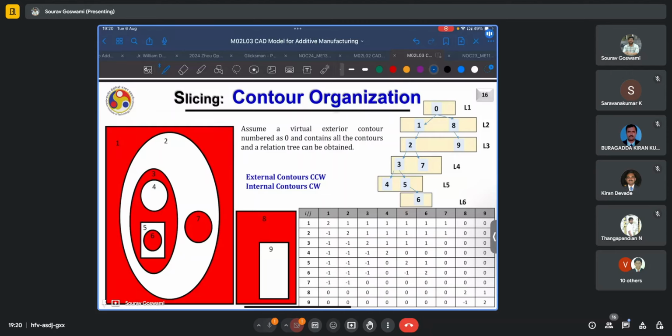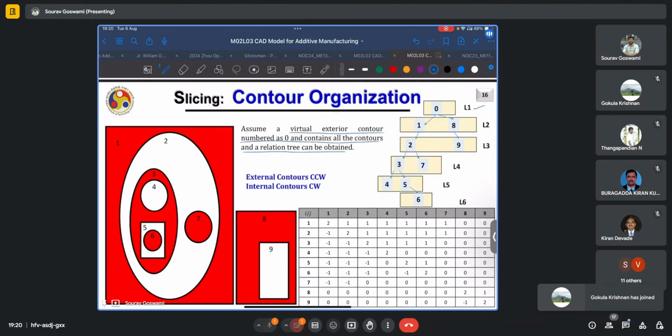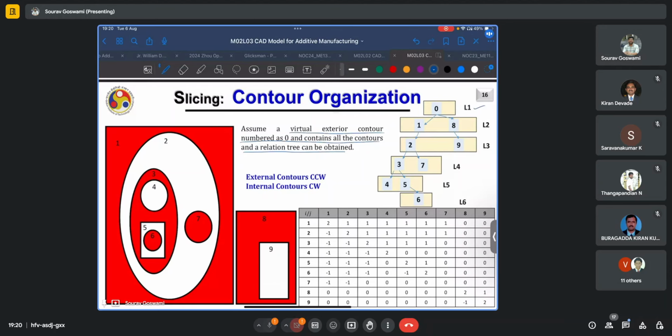So in the first level, we assume there is a virtual exterior contour which contains all the contours, and that gives us the relation tree. So this virtual contour has these two contours 1 and 8. 1 contains 2, 2 contains 3 and 7, 3 contains 4 and 5, 5 contains 6, 8 contains 9.